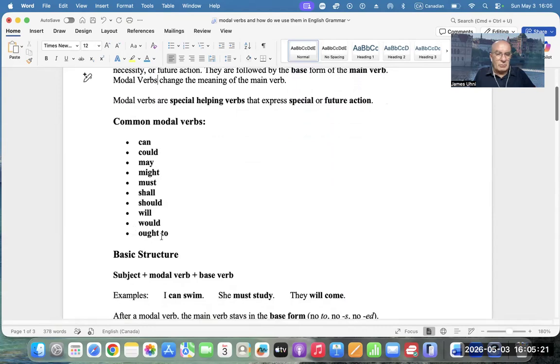I don't like ought to, even though it's over here. It is not a very nice word, and it's easily replaceable with should, or must, or could. But it's in the book and I have to accept it.